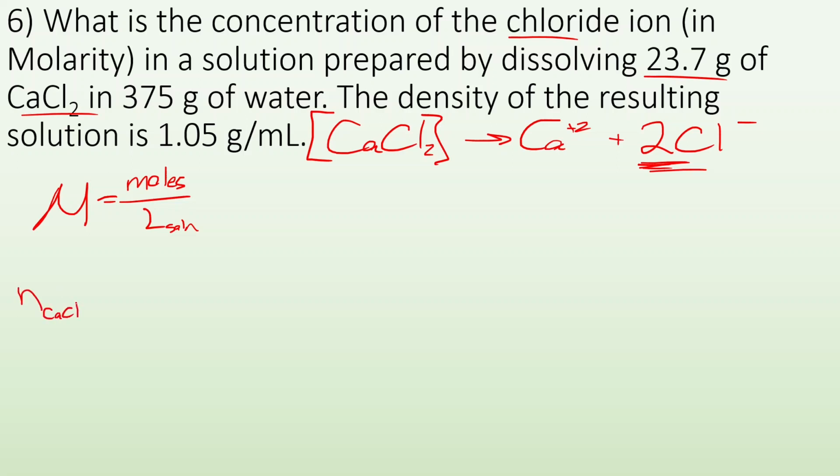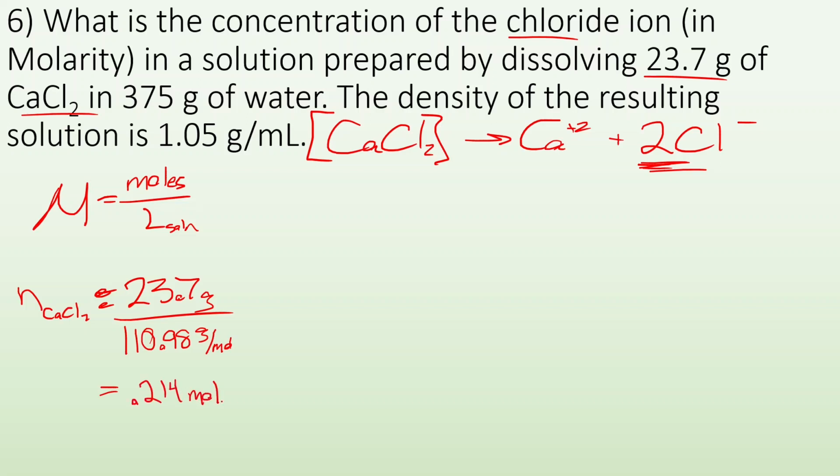Moles of CaCl2 is going to be equal to the grams, 23.7 grams divided by the GFM of calcium chloride, which I did off screen, and it's 110.98 grams per mole. When I do that math, I end up with 0.214 moles of CaCl2.